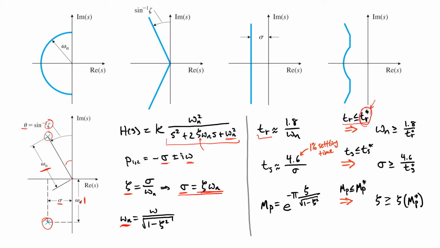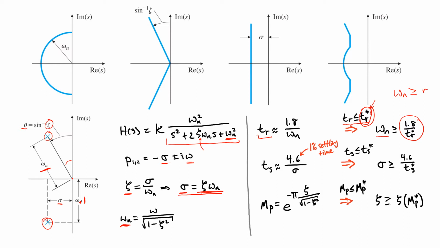When you solve for omega n, that means omega n needs to be greater than or equal to this quantity. If T_R star is 1, then it would just be 1.8. That indicates that we want all poles that satisfy omega n greater than or equal to some number, I'll just call it r.